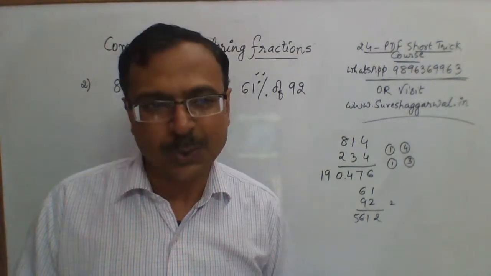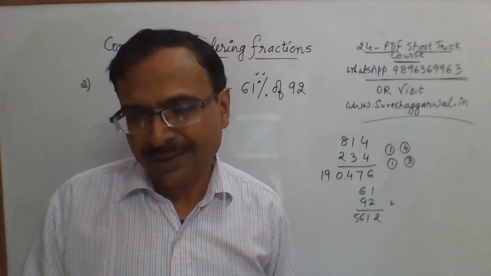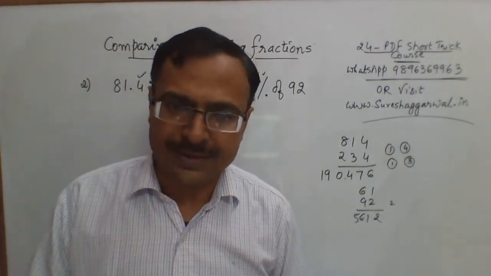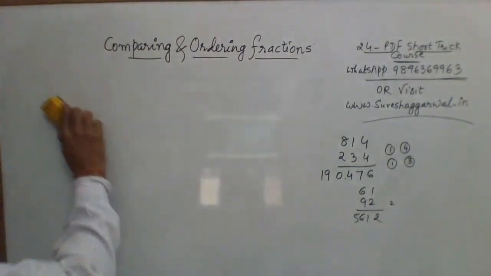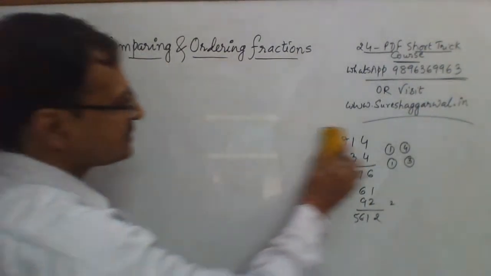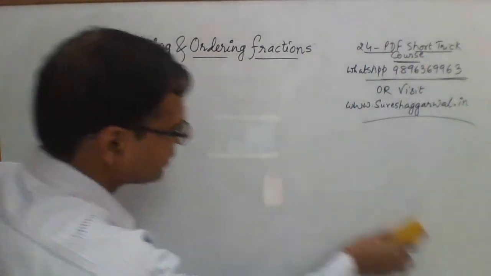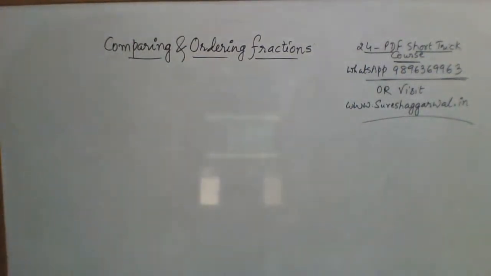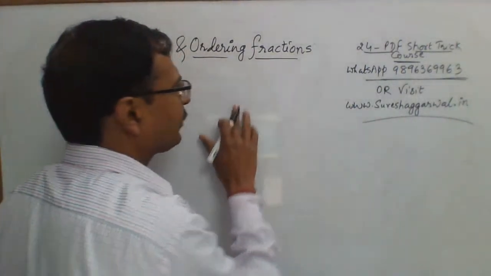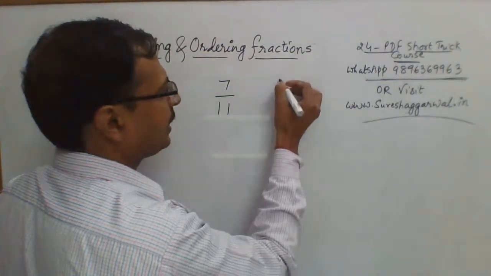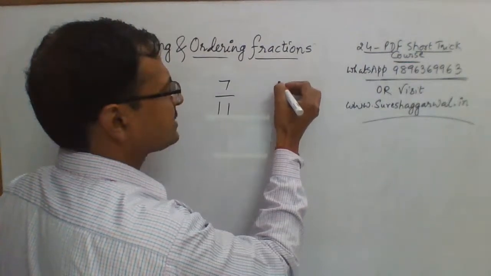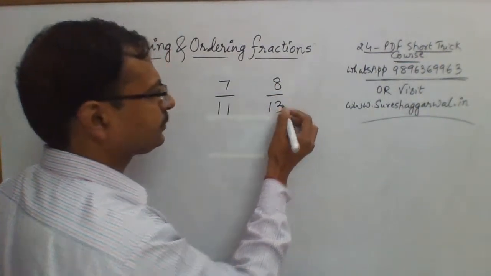Okay. So how do we get to that particular concept? Let's see. Now watch carefully because this is the concept we are going to use and this is the concept on which the prize question will be based. Suppose we have two fractions like 7 upon 11 and let's take 8 upon 13.